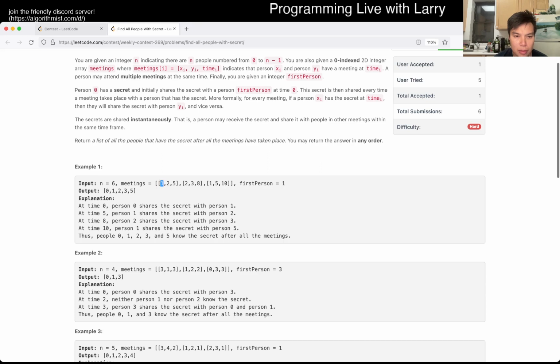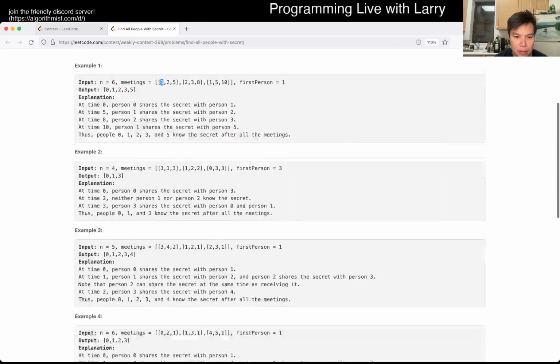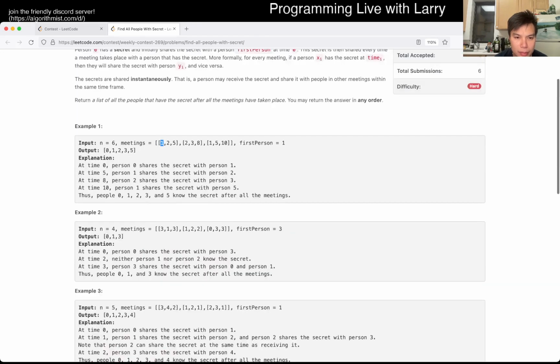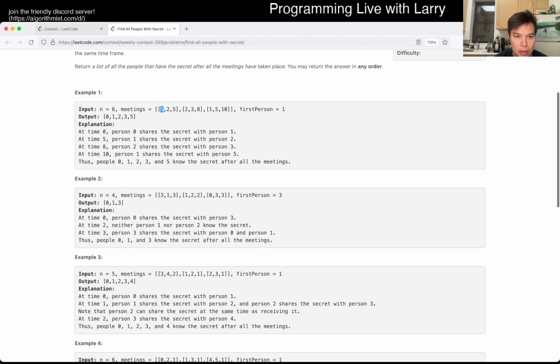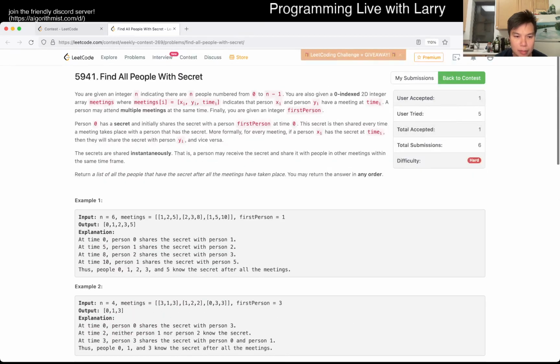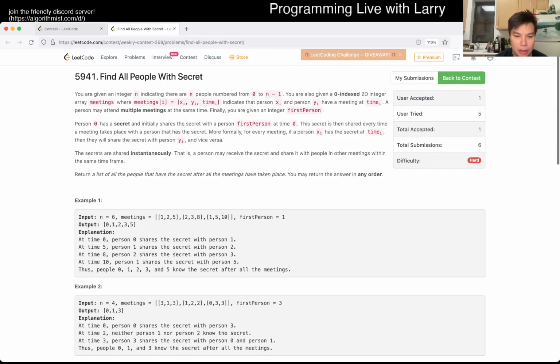Person 0. It's going to be union find. 2 at time 5. Oh, 0 is a person and first person is okay.